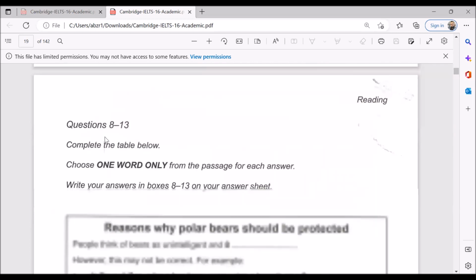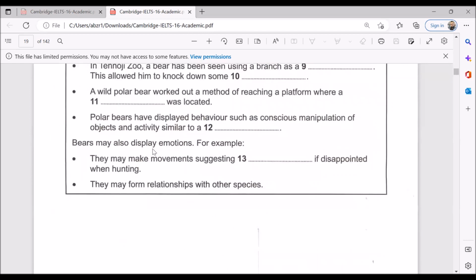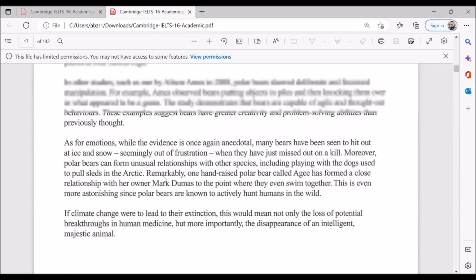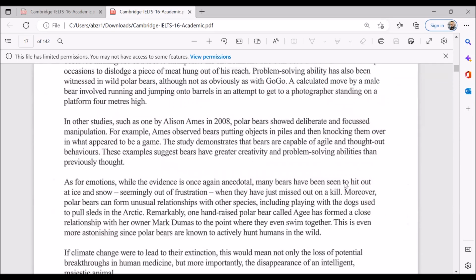This is related to the question. They did not mention the same thing, but they make movements. What sort of movements are there? This is what they have mentioned. Many bears have been seen to hit out at ice and snow. Hit out is the movement. Seemingly out of frustration. That seems like frustration.